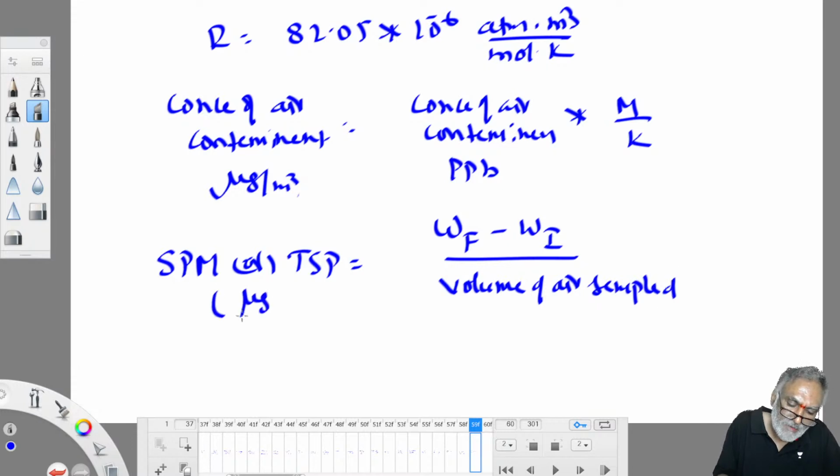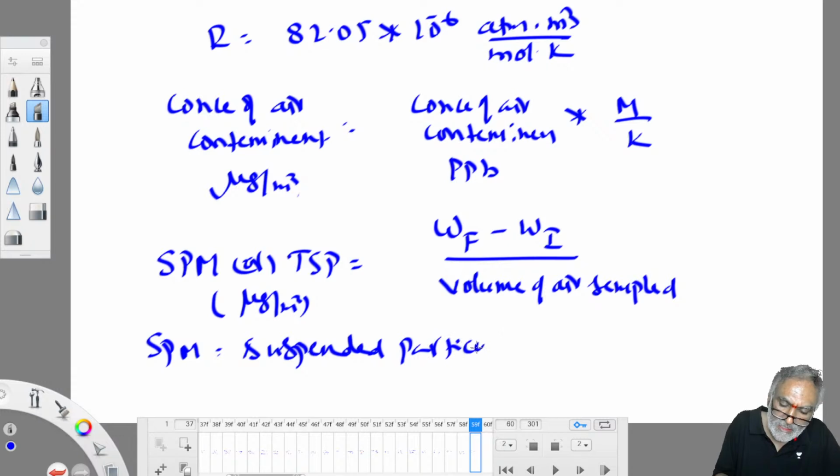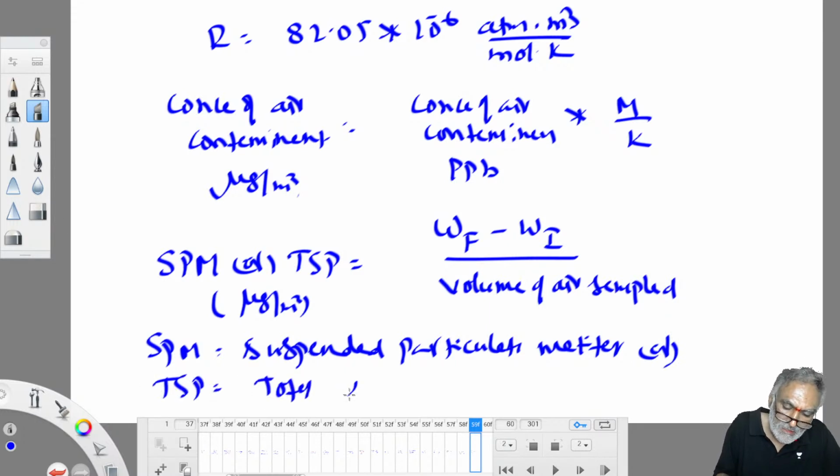So we will get answer in microgram per meter cube. SPM is suspended particulate matter or total suspended particulates. TSP means total suspended particulates.